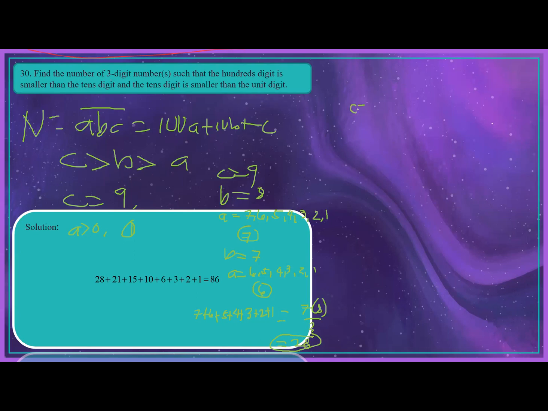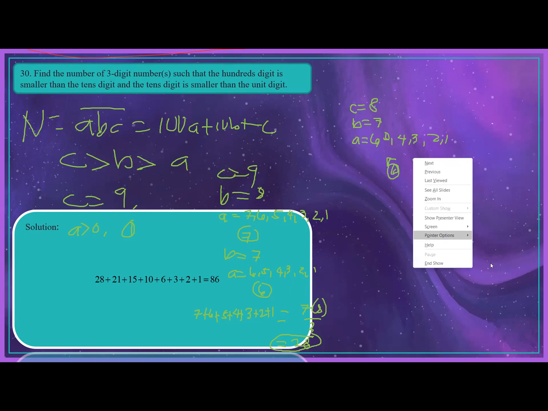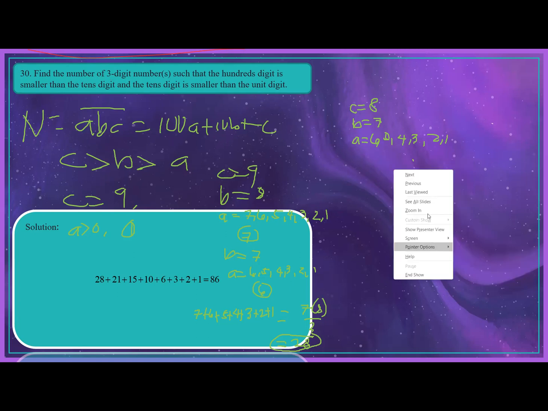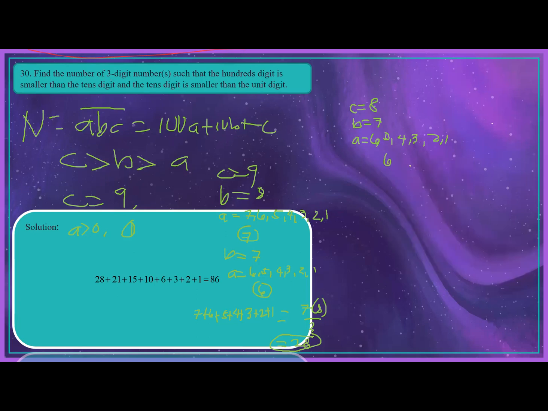Next, when C equals 8, it means B equals 7, right? Then A would be 6, 5, 4, 3, 2, 1. That should be 6. When B equals 6, you have A to be 5 to 1, or 5 only.